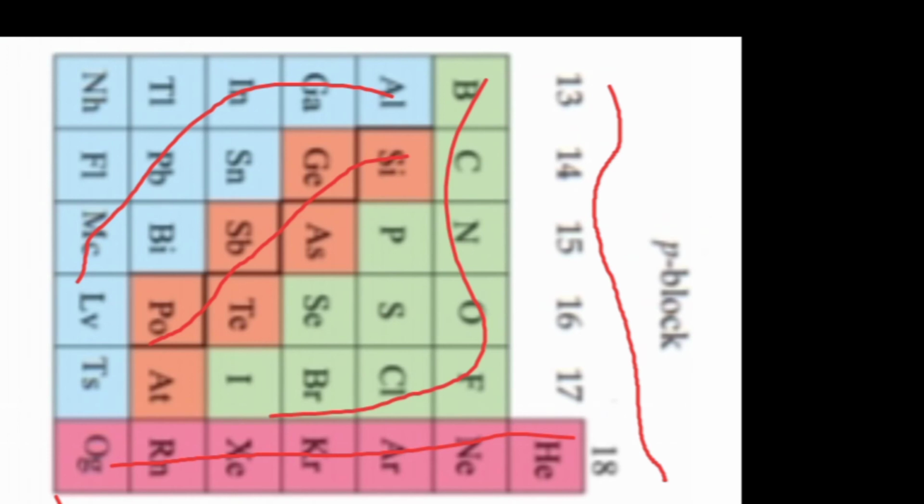Here more reactive elements, less reactive elements and noble elements are in this block. Metals show a positive oxidation state, non-metals show a negative oxidation state, and noble gases show a zero oxidation state. That is, the p block consists of elements with positive, negative and zero oxidation states.